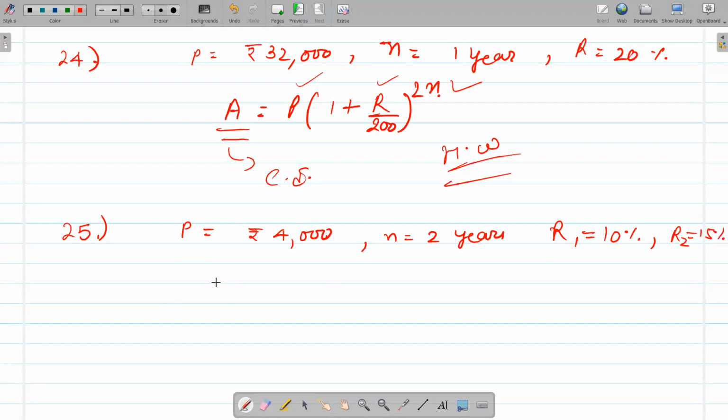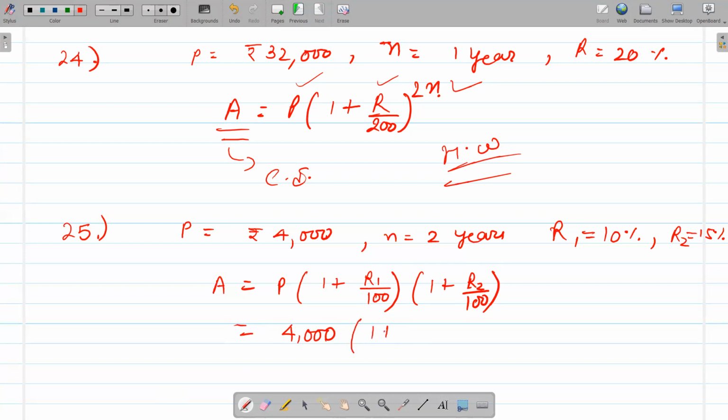Which type of formula we will use here for the compound interest? P into (1 plus R1 upon 100) into (1 plus R2 upon 100). तो ये भी एक simple method रहेगा. Whenever the different rates are given, successive rates are given, then you can use the formula like this. ठीक है, तो आप इस तरह से formula use करेंगे.